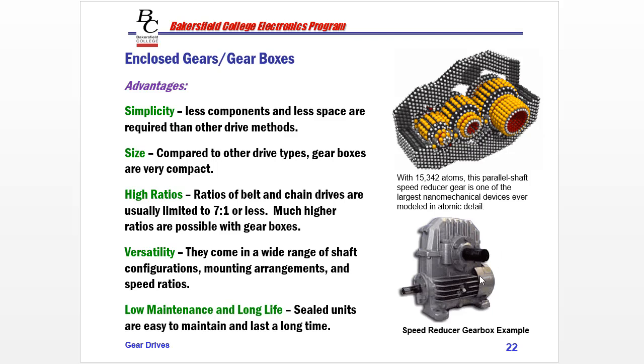So whatever we apply to this shaft will spin much slower. They're also very low maintenance because they're sealed units. They're easy to maintain and last a long time. If they do fail, they can even be taken apart and rebuilt.